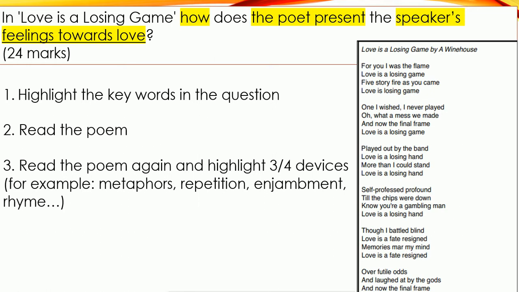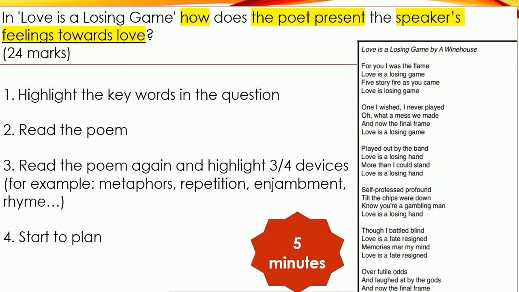Try to think about things that you understand, that you feel confident you can talk about, and obviously that you feel are relevant to the question, the speaker's feelings towards love. So discuss them in that respect. You'll have 5 minutes, roughly at most, to read this through and highlight and get your ideas together. So do that now. You have 5 minutes.